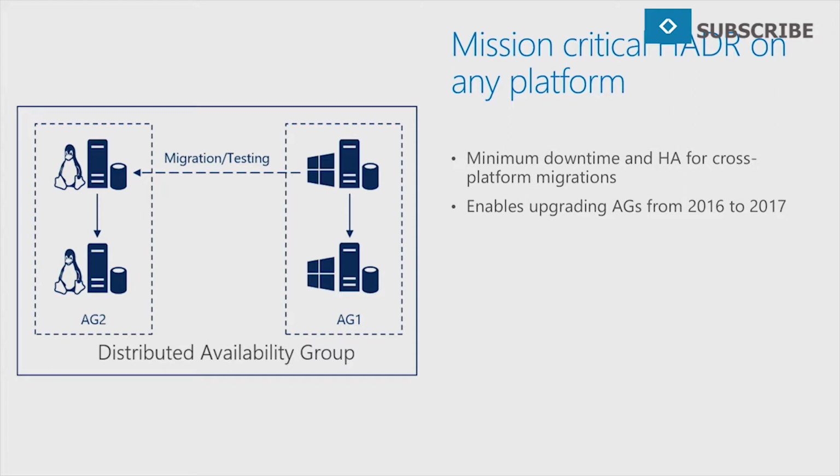This would be the fastest solution to migrate your high availability infrastructure cross-platform with minimum downtime. Distributed AGs are also another method to migrate to a new configuration or upgrade SQL Server. Because a distributed AG supports different underlying availability groups on different architectures, you could change from SQL Server 2016 running on Windows Server 2012 R2 to SQL Server 2017 running on Windows Server 2016.